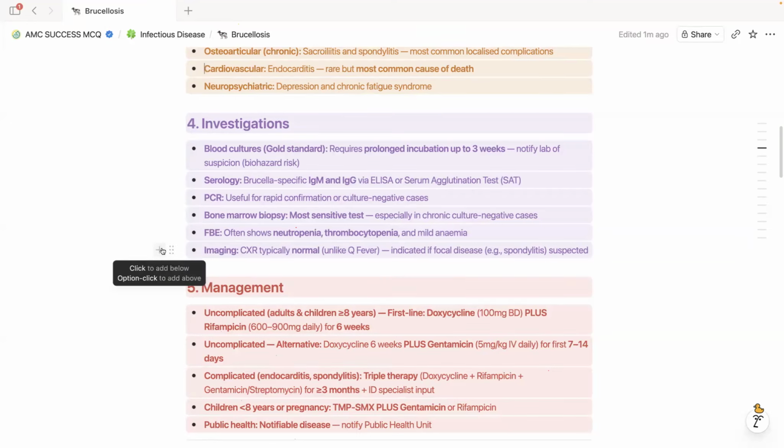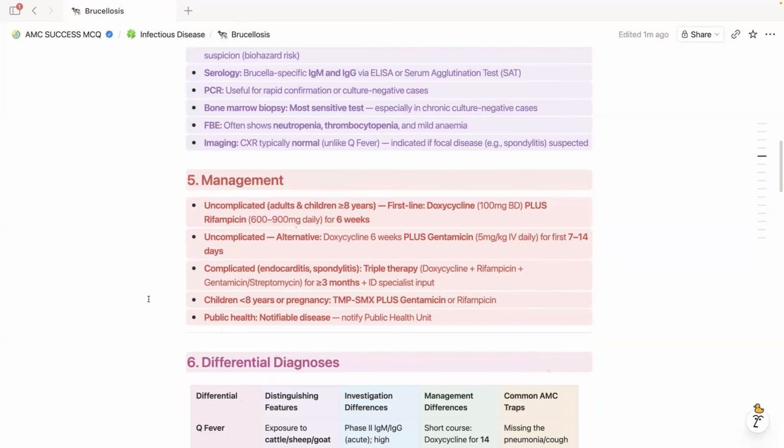We do a full blood picture, which often shows neutropenia, thrombocytopenia and mild anemia, and imaging can also help. But remember, chest X-rays are typically normal, unlike Q fever. Imaging is indicated if focal disease such as spondylitis is suspected. So first go with blood culture, the gold standard, then serology for longer or chronic cases, PCR if the blood culture is negative, and bone marrow biopsy also if the cultures are negative.